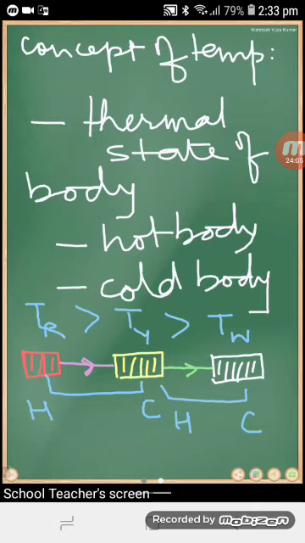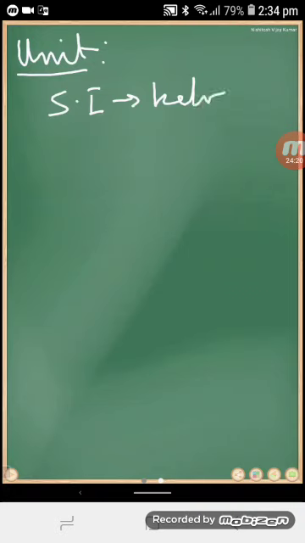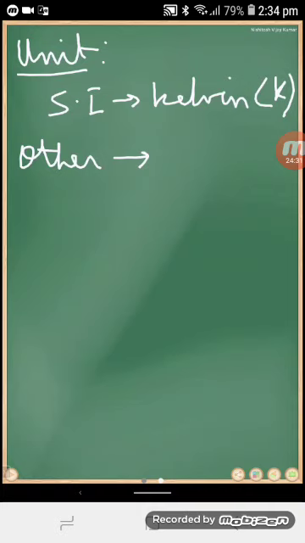So now we move to the unit of temperature. The SI unit of temperature is Kelvin, denoted by K. So we will be using Kelvin as an SI unit. There are other normal units which we are using, that is degree centigrade and degree Fahrenheit.